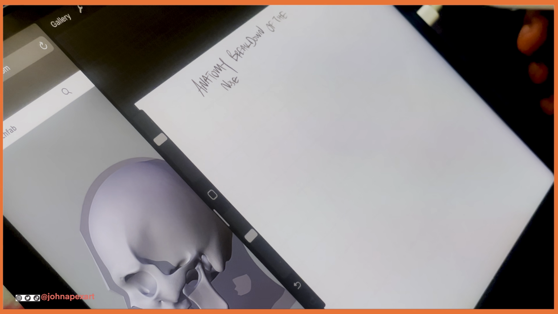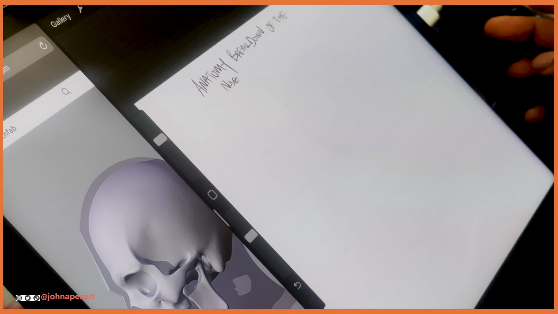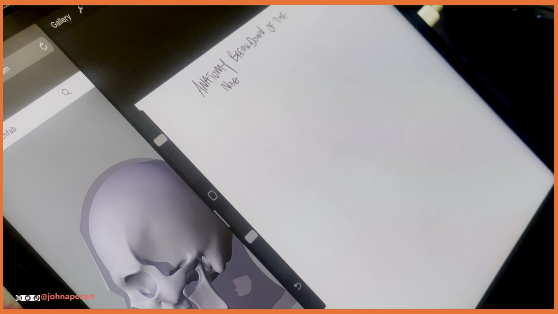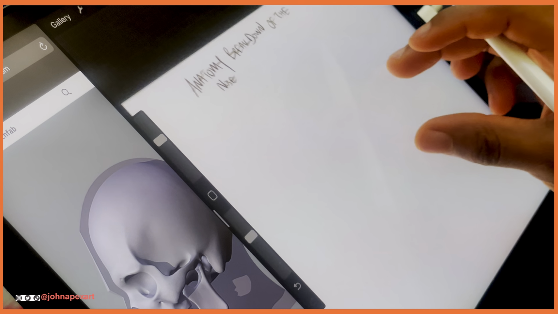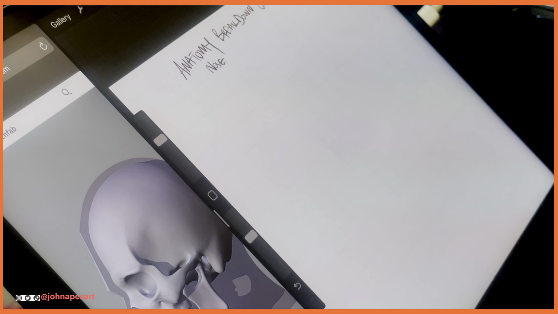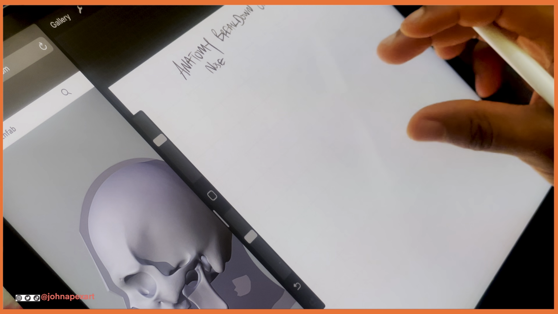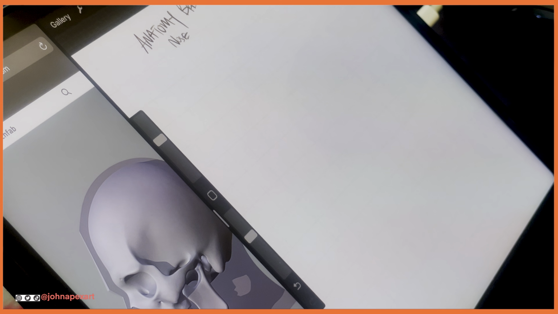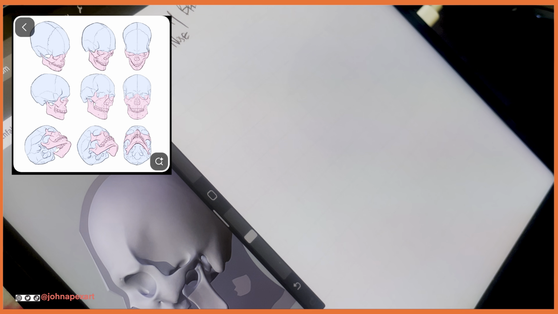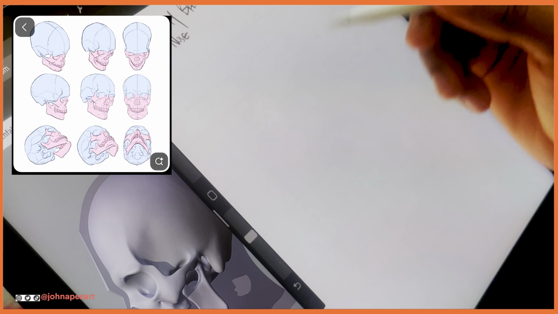The next thing we're going to look at, we're going to do an anatomy breakdown of the nose. So if you check out previous videos, I talk about studying the skull a lot. In the previous video where I talked about the practices and exercises that I usually do to improve my drawing of the face and the human head in general, one of the exercises that I did there was drawing the skull.